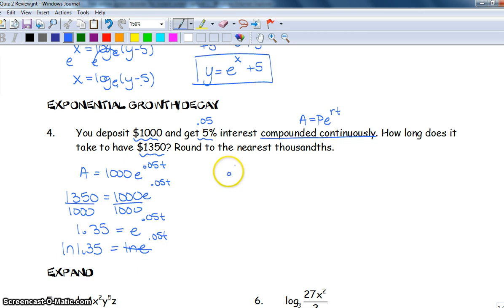So we're left with 0.05t is equal to the natural log of 1.35. So to get t by itself, we divide by 0.05 on each side. And we get t is about 6.002 years.